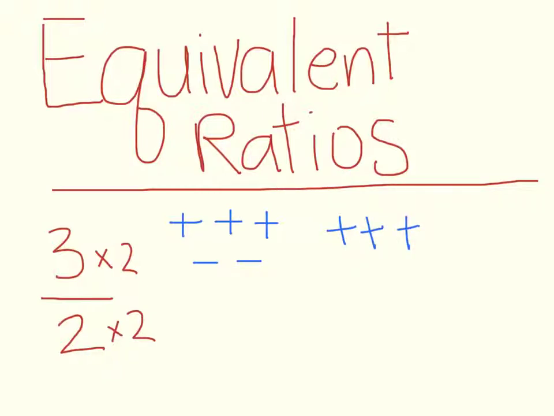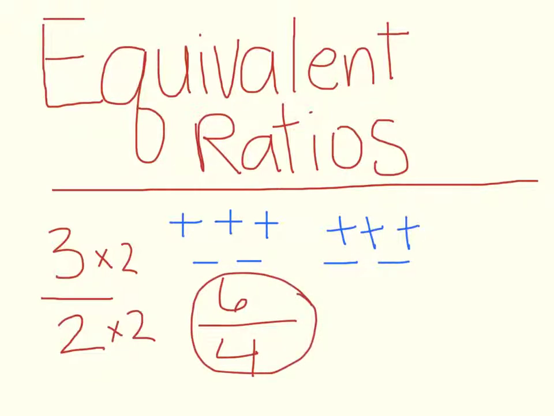I add another group of 3 more plus signs and 2 more minus signs, which tells me, as I rewrite my original ratio as an equivalent ratio, that I now have 6 plus signs and 1, 2, 3, 4 minus signs. Or my new ratio, which is equivalent to the original ratio, is 6 to 4.